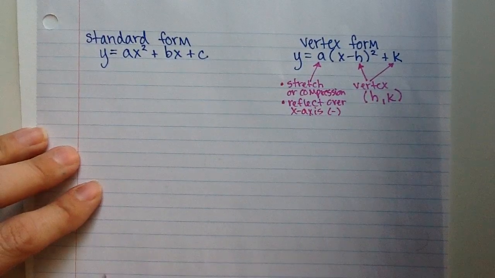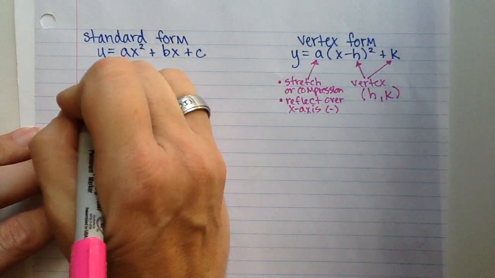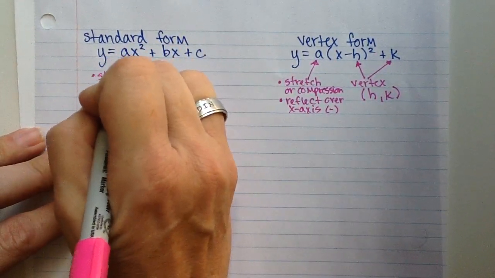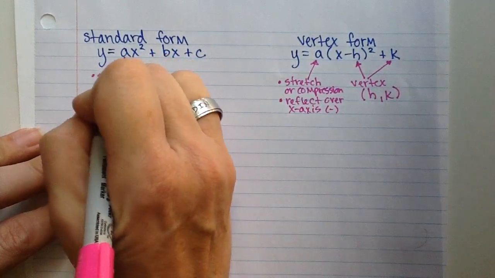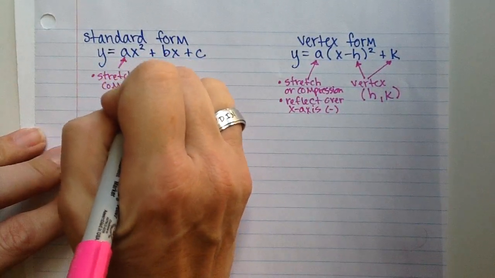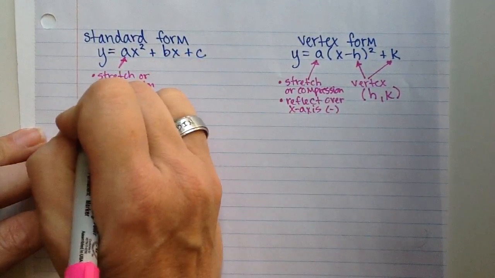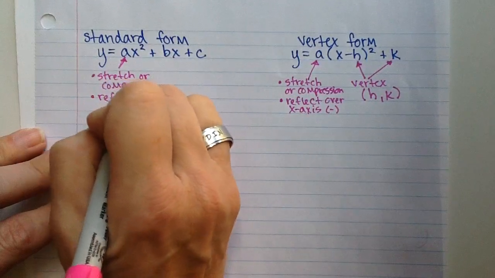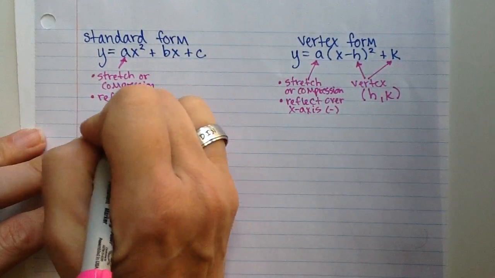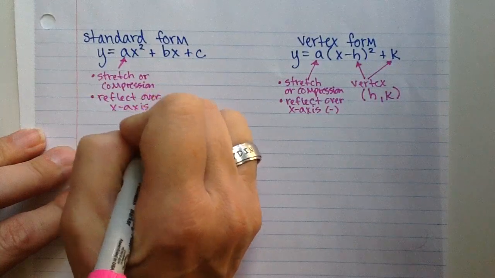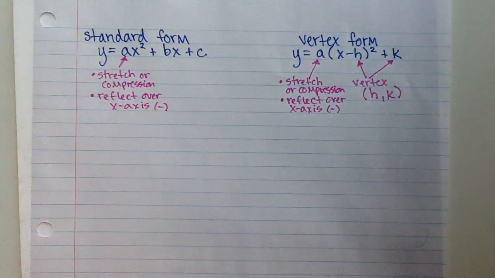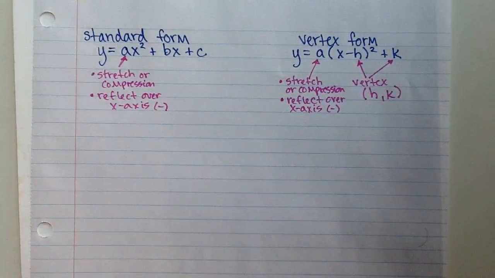Now, standard form, you also can tell if there's a stretch or compression, and if it reflects over the x-axis, if it's negative. So that part's the same, but I can't tell the vertex right away.